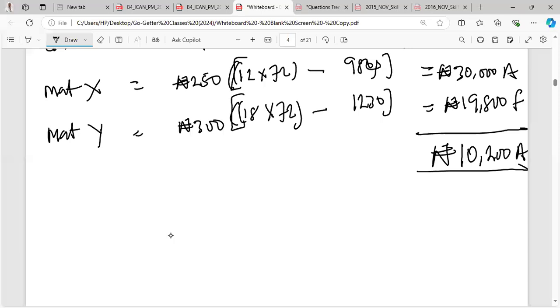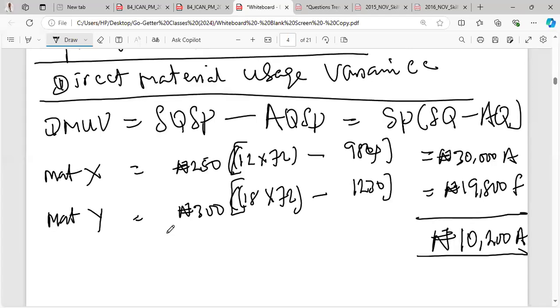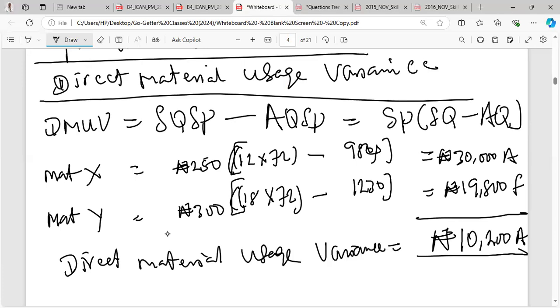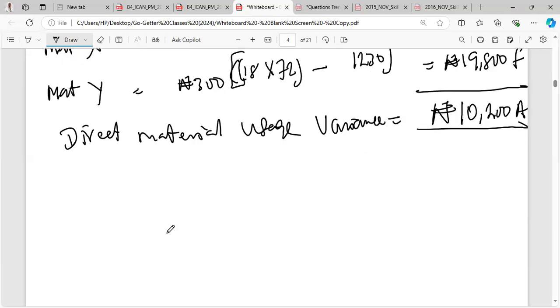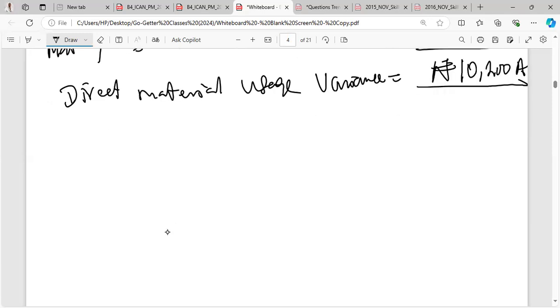So this is your direct material usage variance. Now, we are not asked to do this, but I know why I did this. So now let's go to our mix variance.